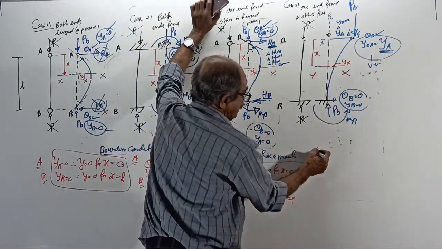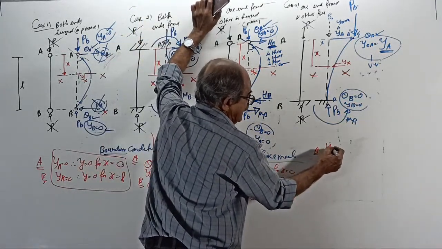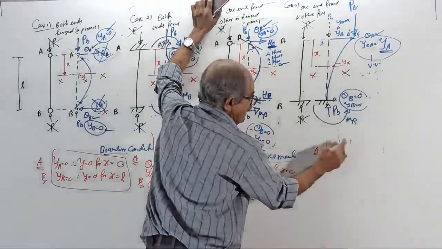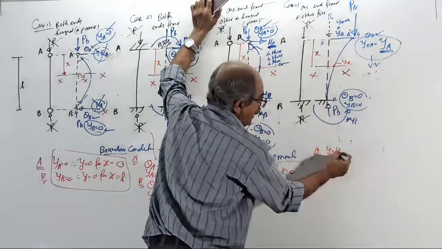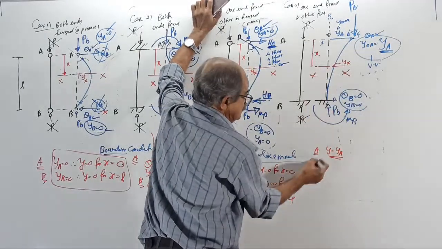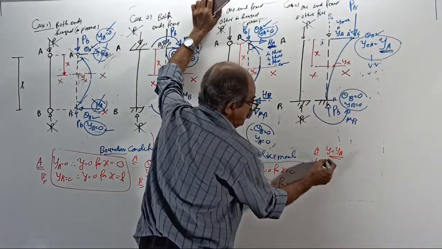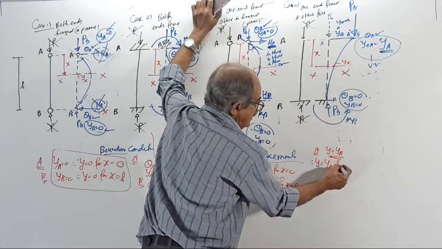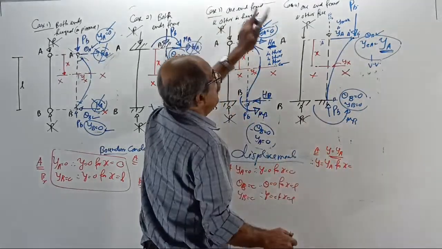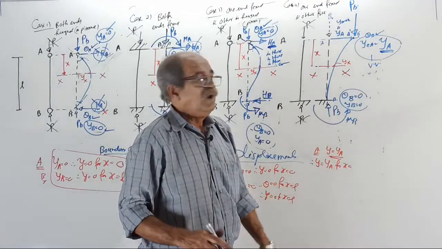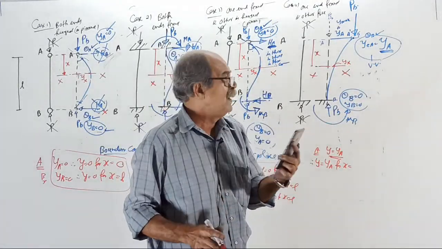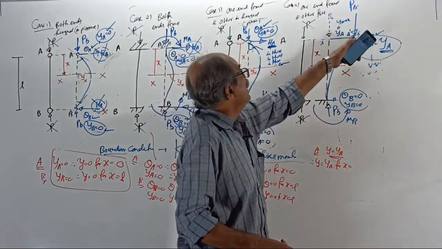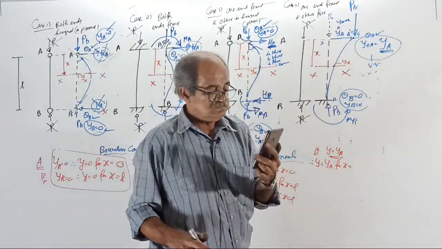Here, at the point A, deflection at A is known. Deflection at the point A, Y equal to YA. It is a boundary condition. So Y becomes YA for X equal to 0. See, YA is a constant.